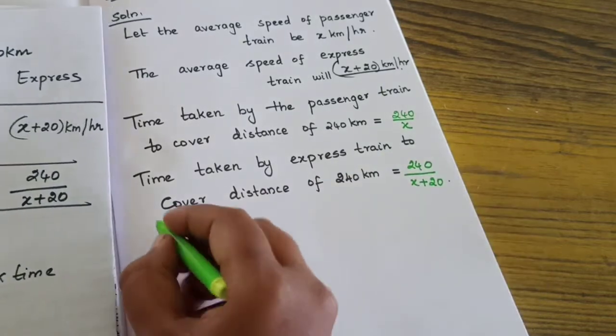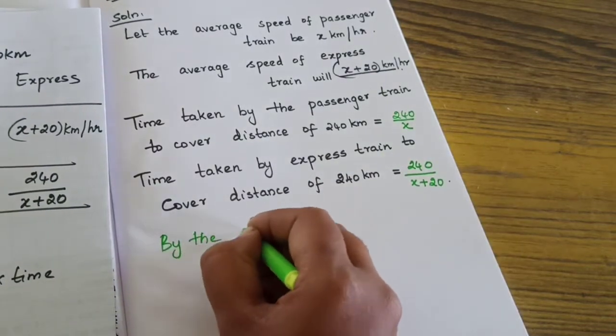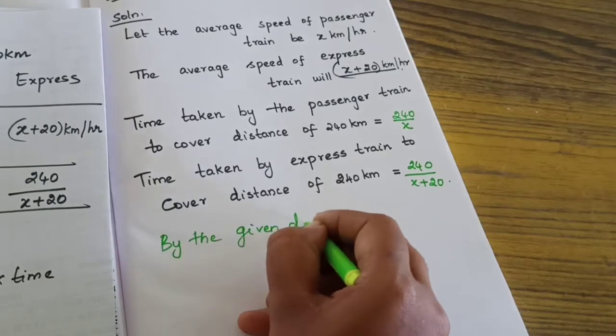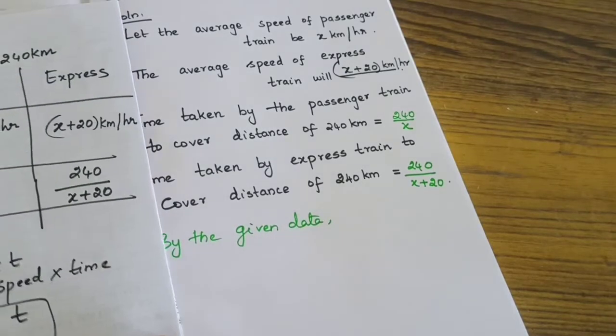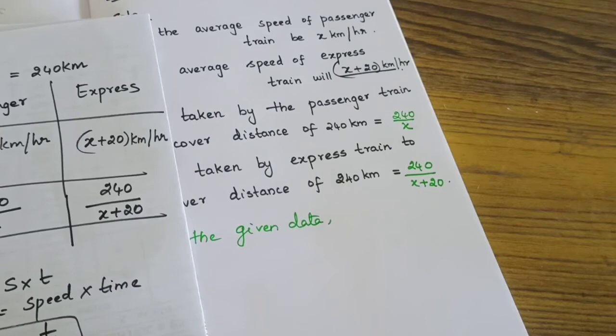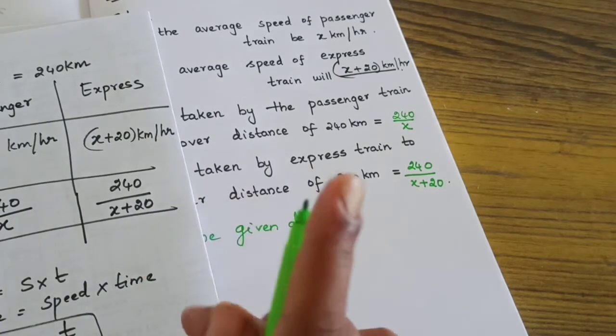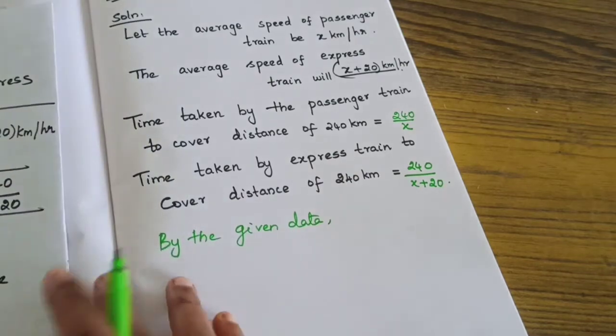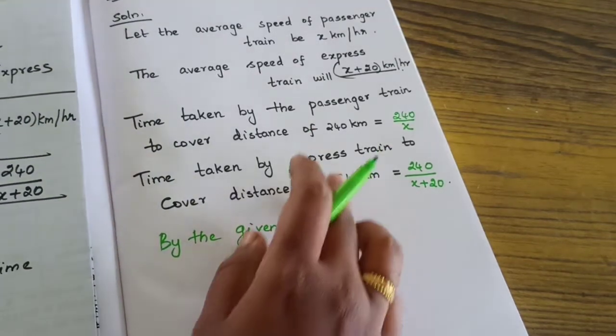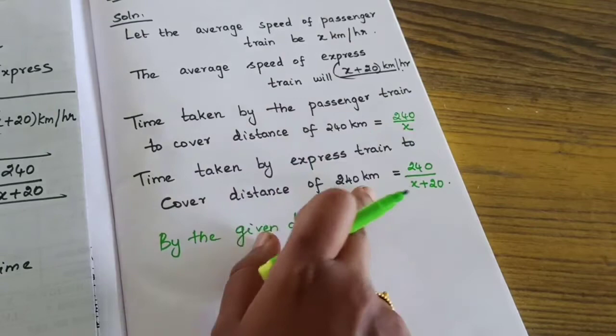Okay. Now, by the given data, you should read the question now. What is the question? The passenger train will take how many hours more than the express train? 1 hour more. So, for the passenger train, what is the time? Here only time, no?